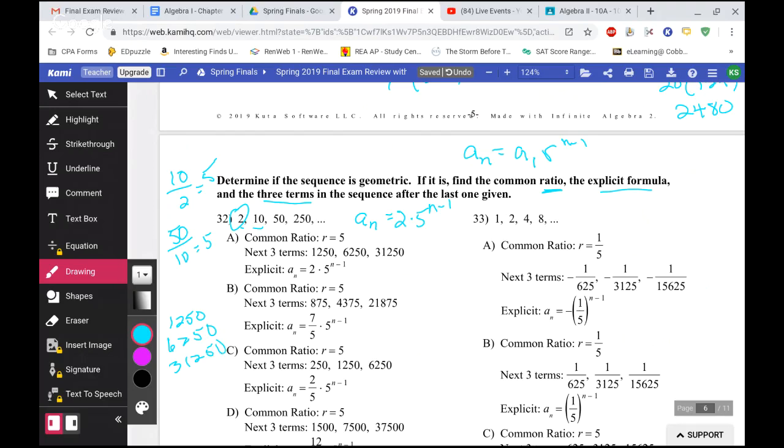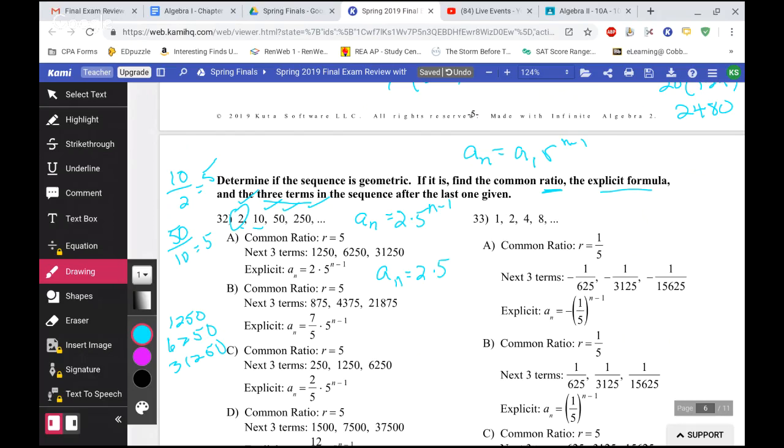Miss Sparks, can you explain this problem by plugging it into the equation you just made? Yes, I absolutely can. It says to find the next 3 terms. So if you've got 1, 2, 3, 4, I would be looking for the 5th term.